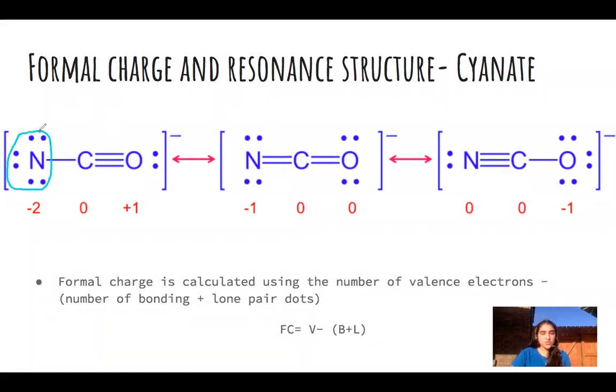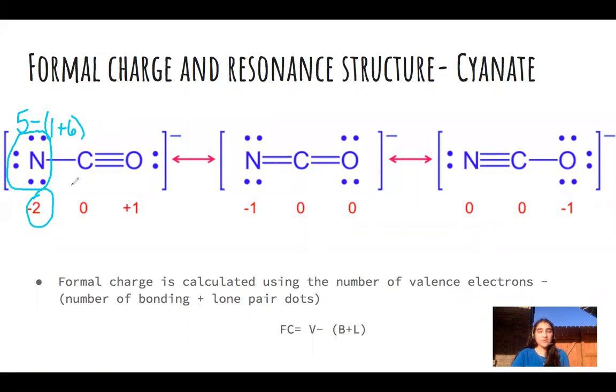Nitrogen has 5 valence electrons. So that's the total, minus, and then we add the bonds. We see there's 1 here, so we just do 1, plus, and then we count the dots themselves: 1, 2, 3, 4, 5, 6. So really, this is 5 minus 7, which gives you -2.